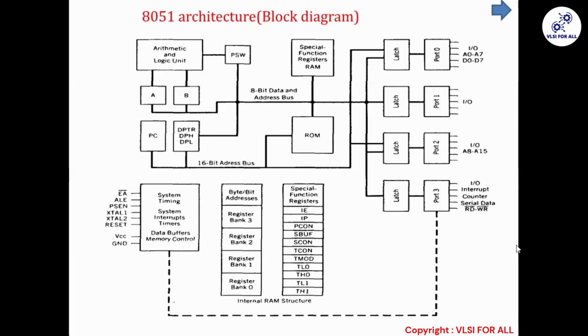Can anyone try telling me? 2 to the power 16. Look, how many address bits are there? A0 to A7, 8 bits. A8 to A15, again 8 bits. 8 plus 8, 16 bits are there for accessing the external memory. So how much external memory can I connect? 2 to the power 16 is the external memory I can connect. How much is 2 to the power 16?